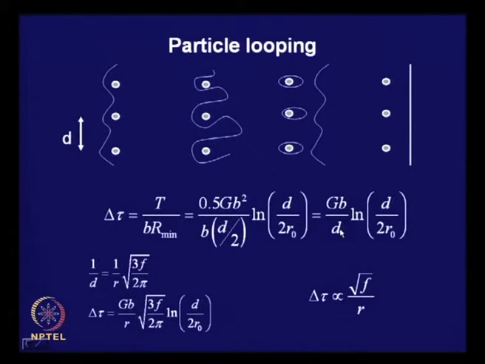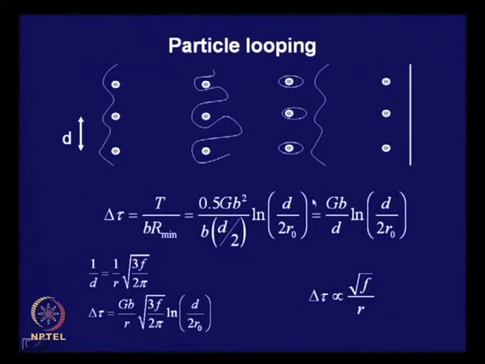Also, it is possible to relate d with the volume fraction and radius of the particle, and this is a simple stereological derivation which I leave as an exercise. It is possible to show that if you have uniform particles of radius r distributed in a unit volume and the volume fraction of precipitate is f, the distance between the particles will be given by this.